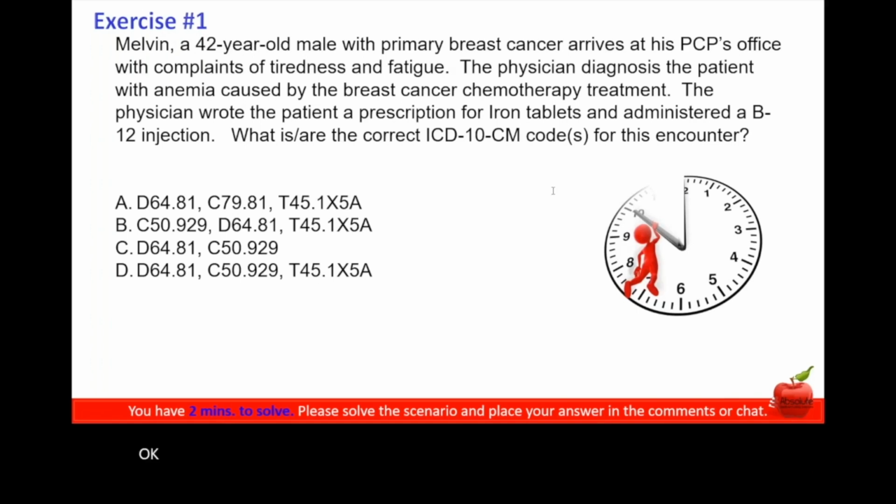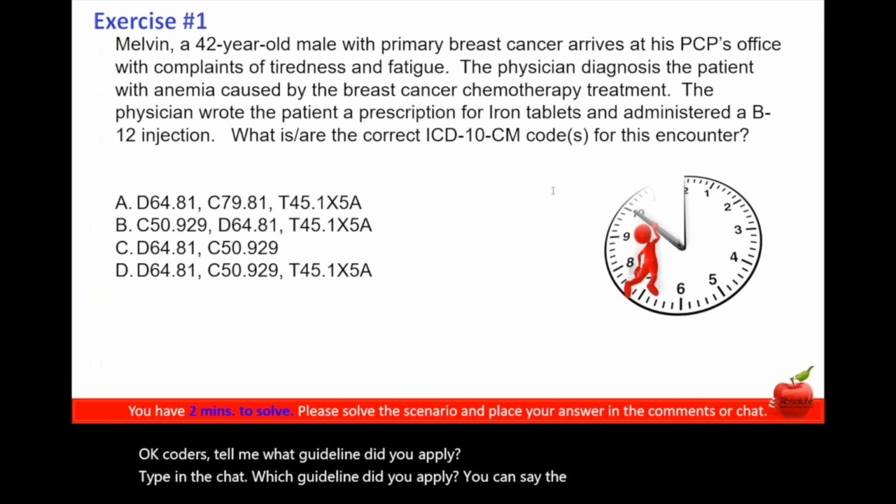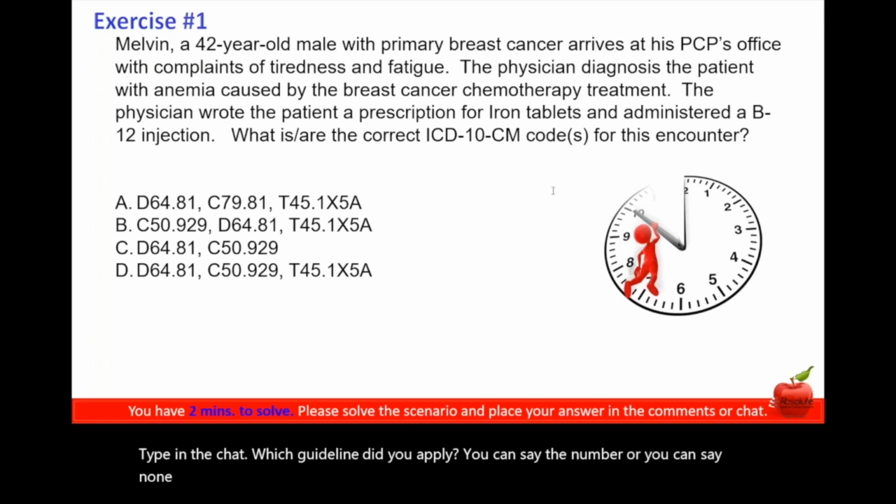Okay, coders, tell me, what guideline did you apply? Type in the chat which guideline did you apply. You can say the number or you can say none. I want to know, did you apply a guideline? Good job.